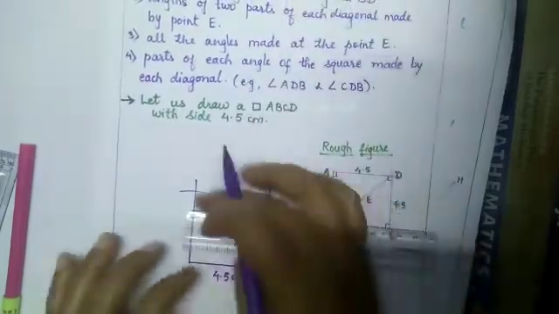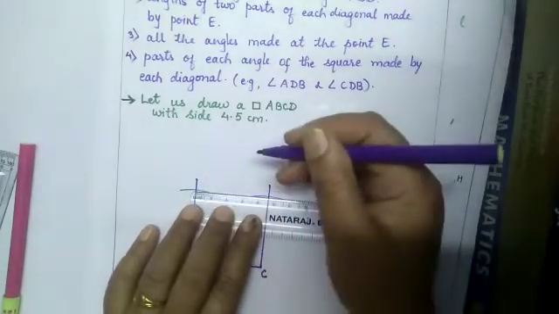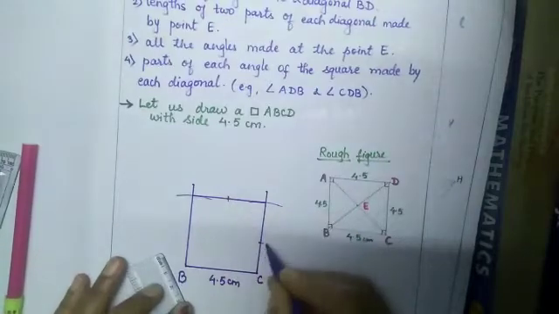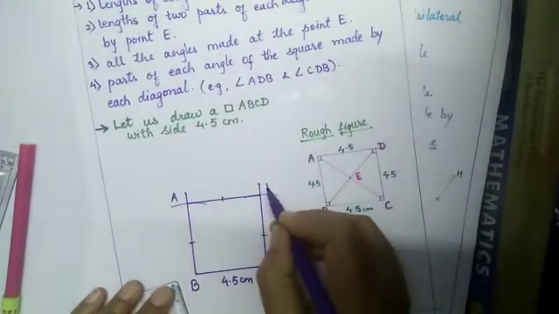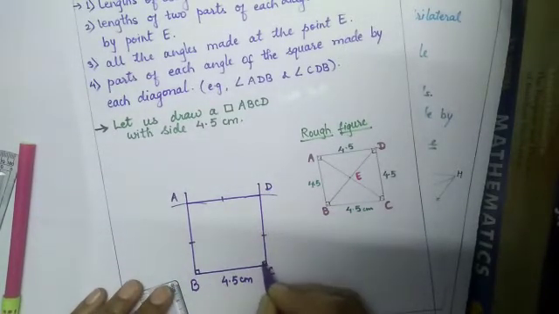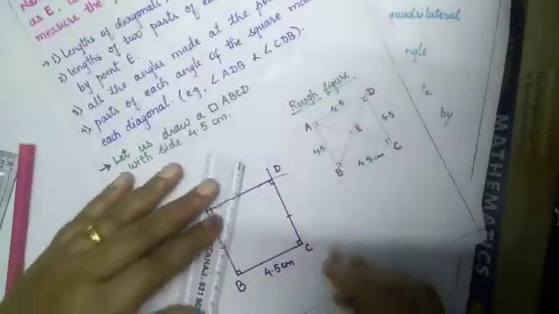And now let us measure this opposite side. This will be again 4.5. Yes. So you also checked. Yes. Now all sides of the square are drawn. So this point will be A, this point will be D. A, B, C, D. All angles are right angles in this way. And now let us join the diagonal.